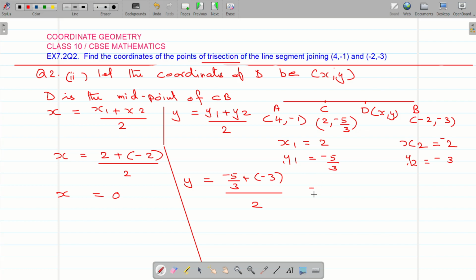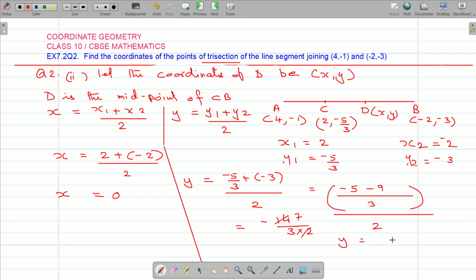For y, first of all I am going to take 3 as the common denominator of the numerator. Minus 5 minus 9 upon 3 again divided by 2, that is equal to minus 14 by 3, the denominator 2. 2 and 14 can be cancelled. So y equals minus 7 by 3.